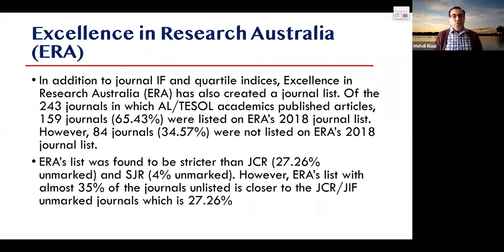In addition to journal impact factor and quartile indices, Excellence in Research for Australia, ERA, has also created a journal list of the 243 journals in which Applied Linguistics TESOL academics publish articles. 159 journals, around 65%, were listed on ERA's 2018 journal list. However, 84 journals, around 35%, were not listed.